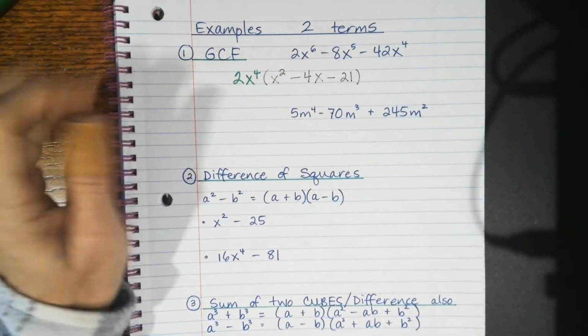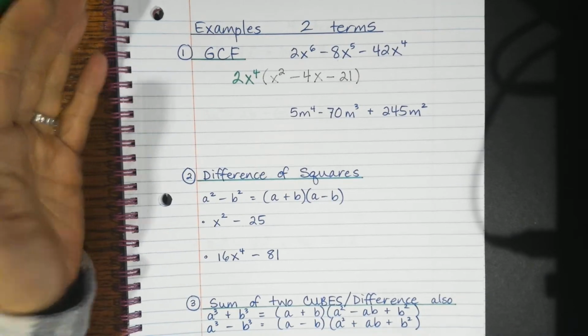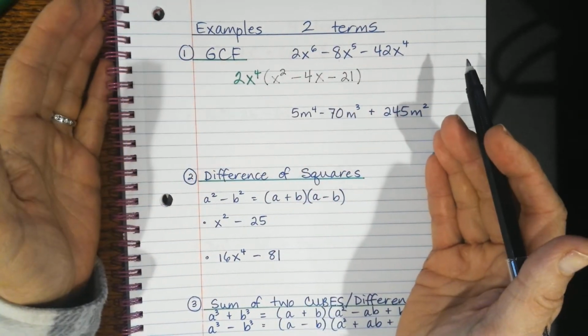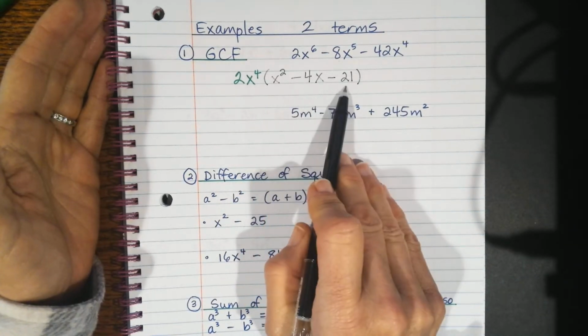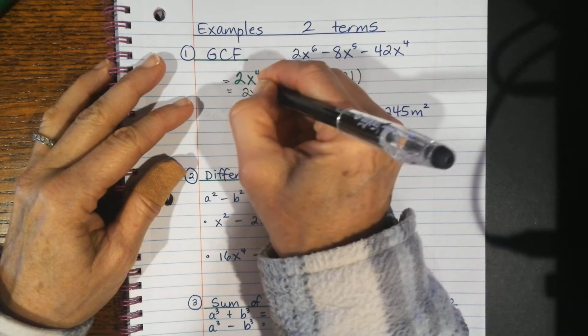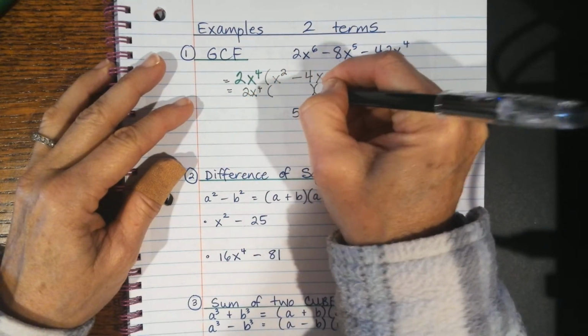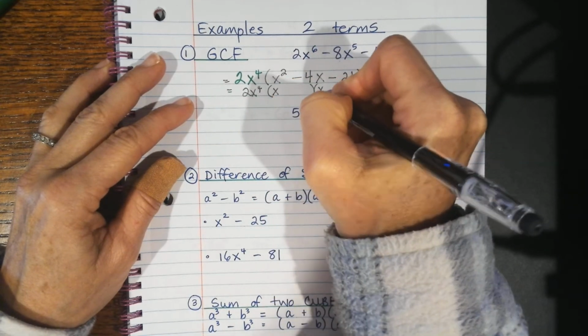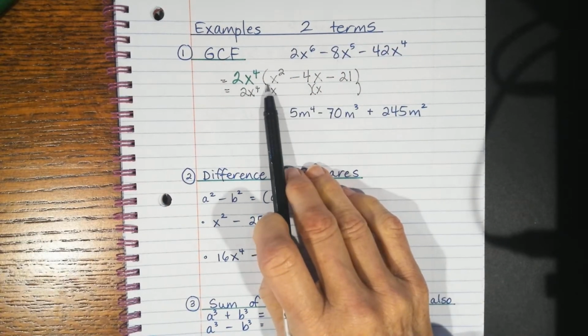When it says in section 4.4, factor completely, then you look at what you have and you say to yourself, can I factor this anymore? Well, this one, no, but this one, yes. So you can still do one more step here, and that is you need to factor this trinomial. Remember these first two terms, x times x will give you an x squared.